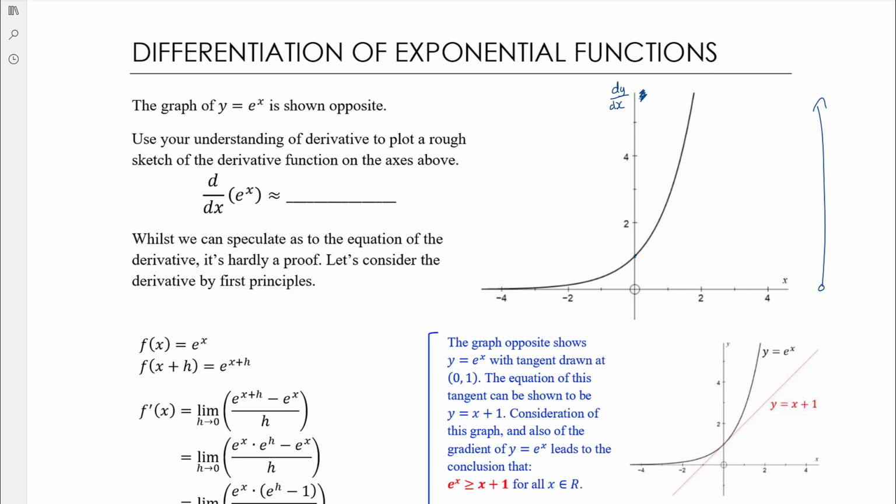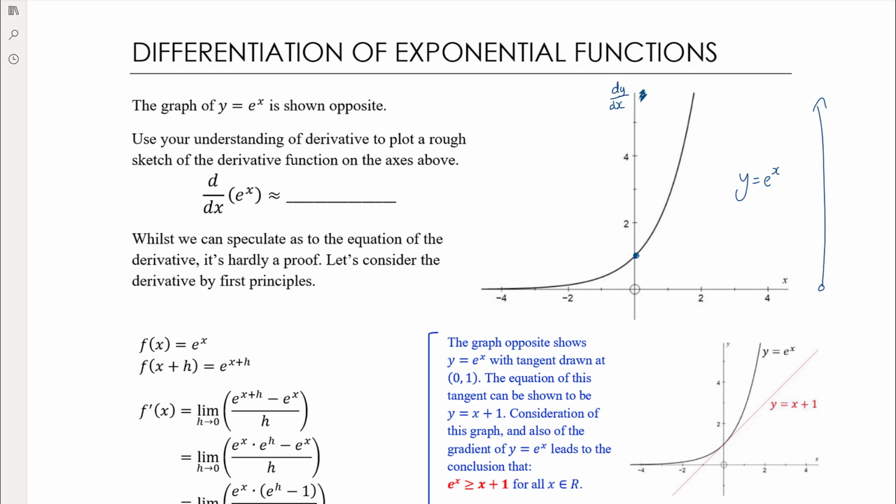Actually, if we were to draw a tangent at the point x equals 0, the gradient of that line is 1, and so the gradient of the exponential function at that point is 1, and so therefore it will go through the same point. And in fact, the exponential function y equals e to the power of x is particularly unique, and that's one of the reasons why we tend to favour a base of e both with logs and exponentials, because the value of the gradient of the curve is equal to the y value of the curve at that point.